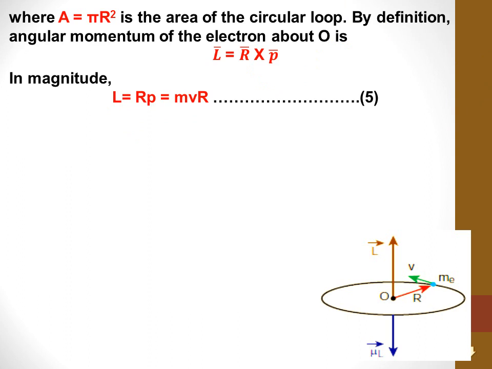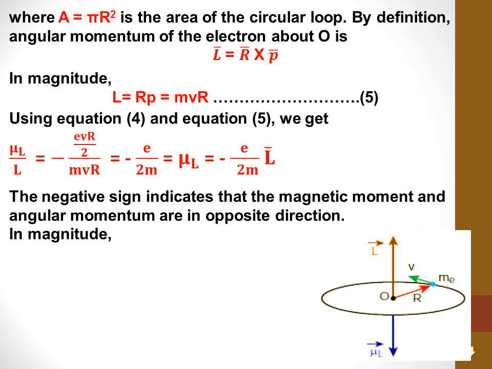Here p represents the linear momentum. Therefore, substituting the values in magnitude, we get L equals r p, or m v into r. I think you know p equals m v. Let's take L equals r p, which equals m v r, as equation number 5. Using equation 4 and equation 5, we get mu L by L equals minus e v r by 2 divided by m v r.